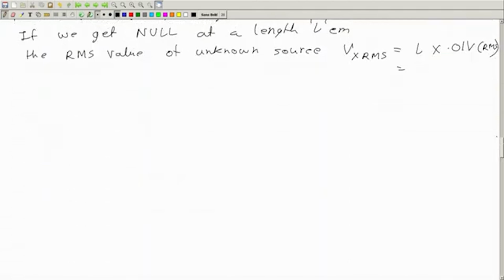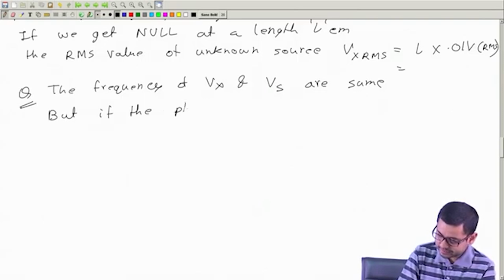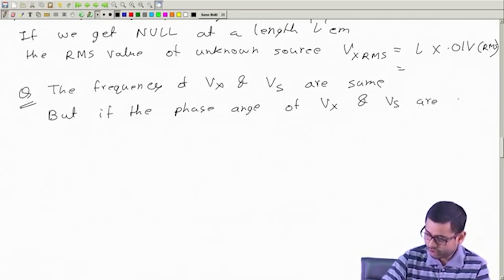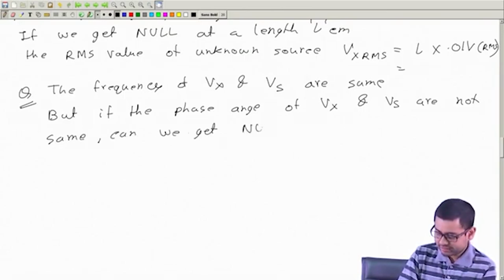So the question is: the frequency of Vx and Vs are same, but if the phase angle of Vx and Vs are not same, can we get null at all?